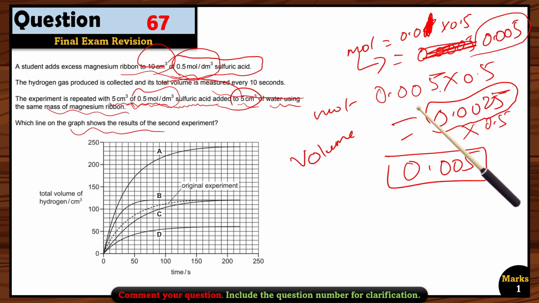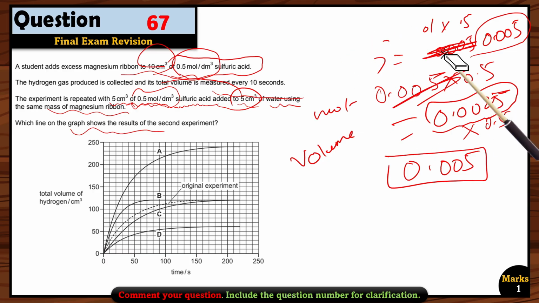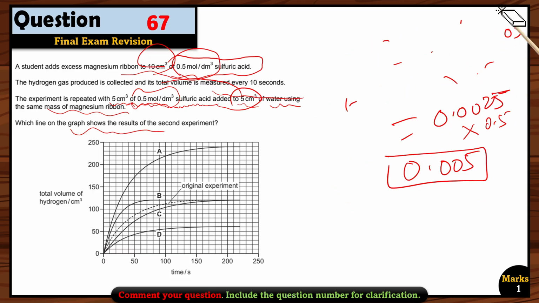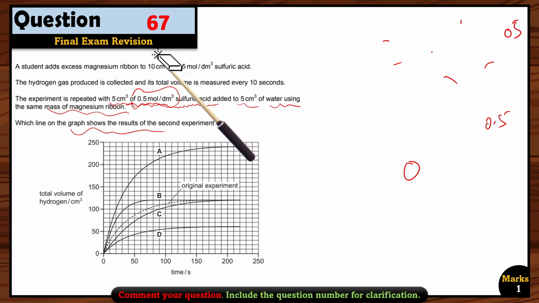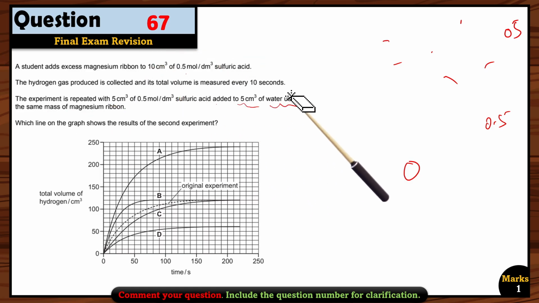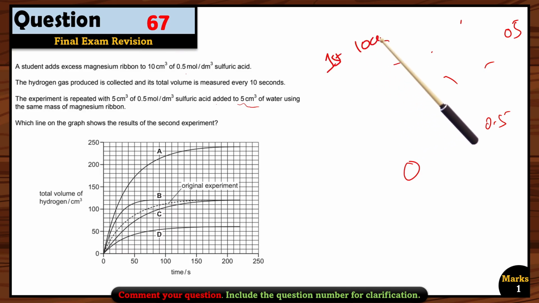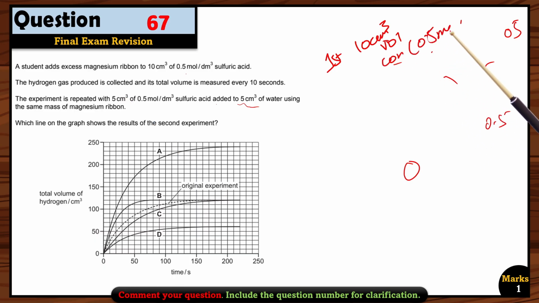Okay, if you are getting confused, I will explain it again. Just look at the information. The first experiment has 10 cm³ as a volume, with a concentration of 0.5 mole.